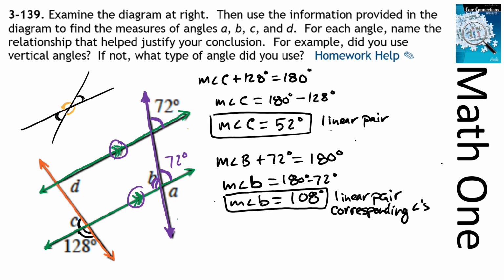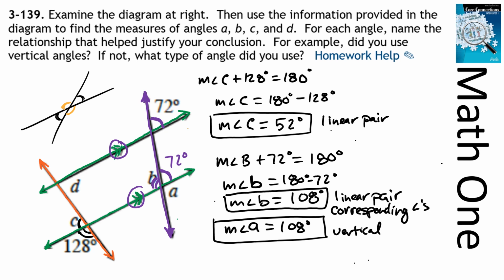They have the same number of degrees. So I know that the measure of angle A also is 108. The reason I can assert that so quickly is because it's a vertical angle with angle B, so they both have to be the same.